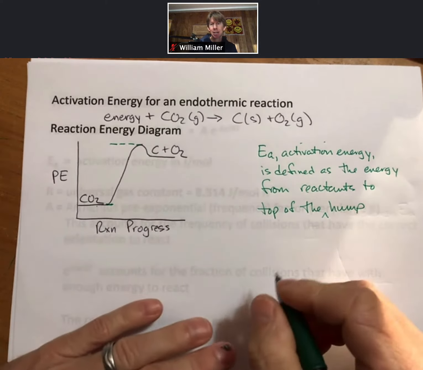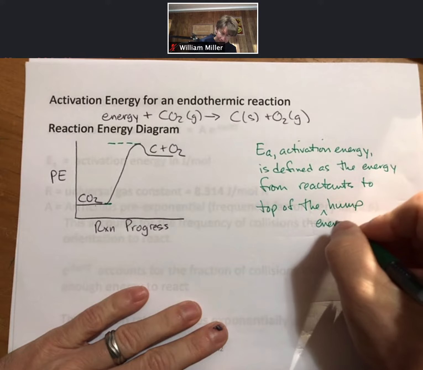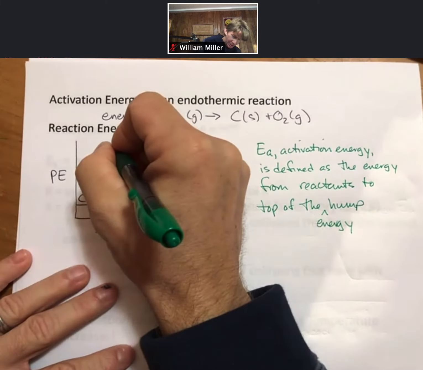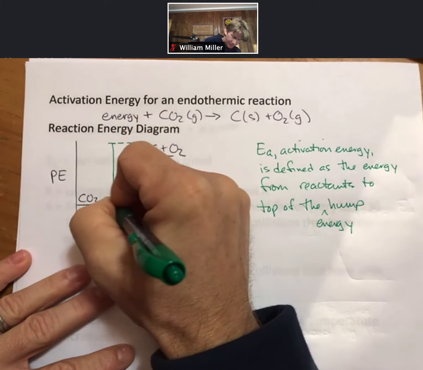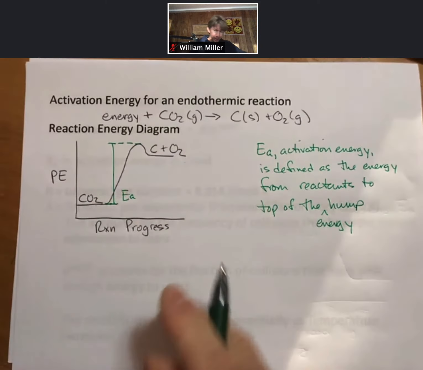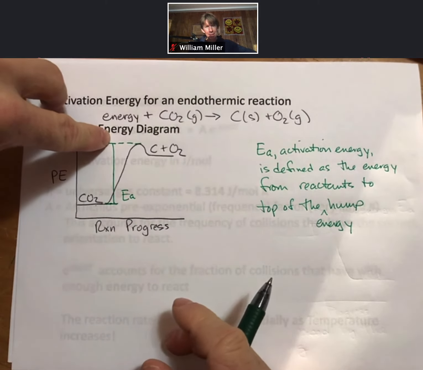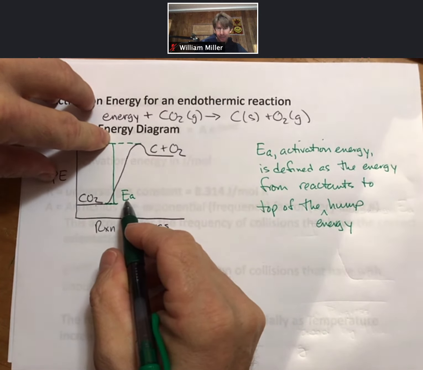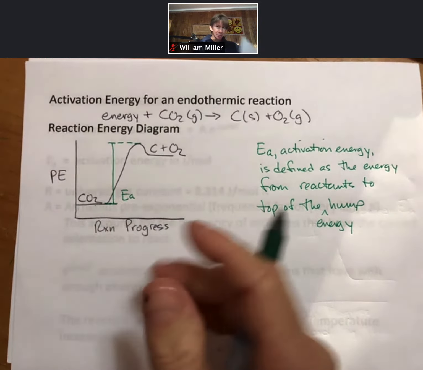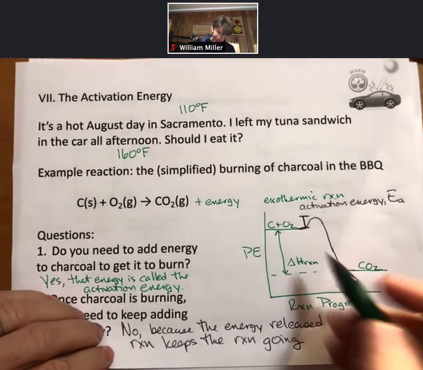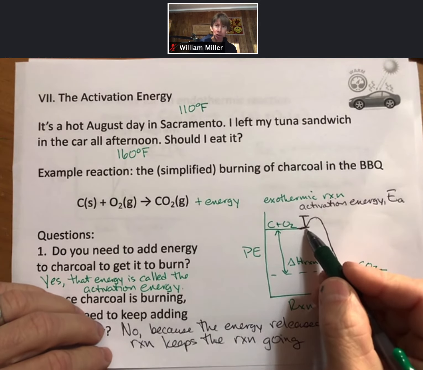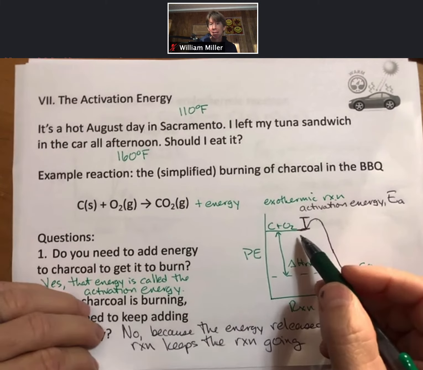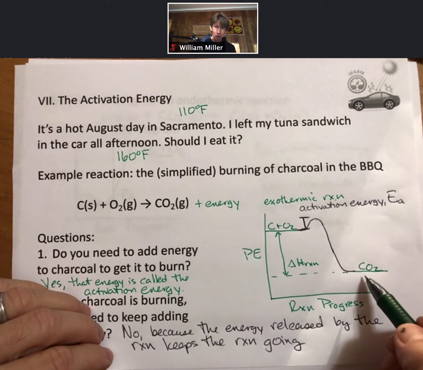And we might call that an energy hump. So here, from reactants all the way to the top is the activation energy. And if we compare it to the activation energy in the other direction, the activation energy will be much smaller. So the activation energy depends upon which way we're going.